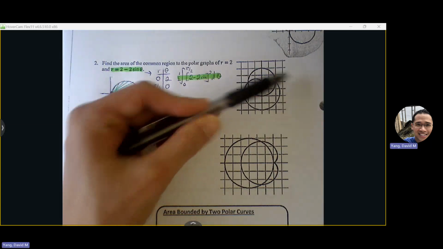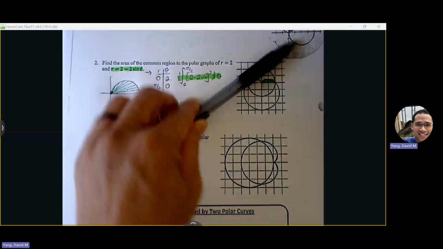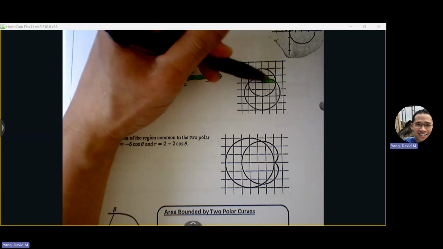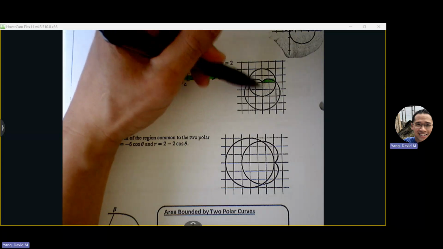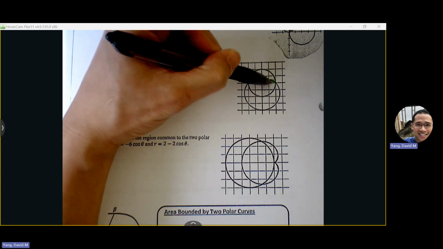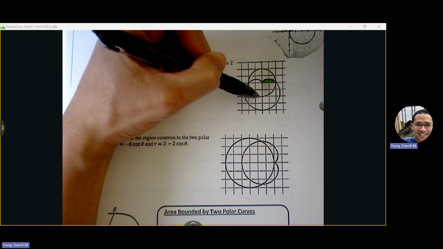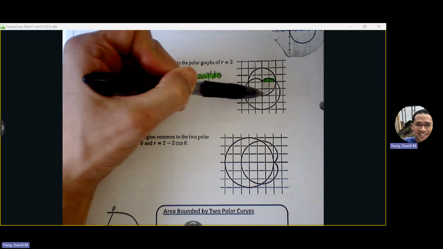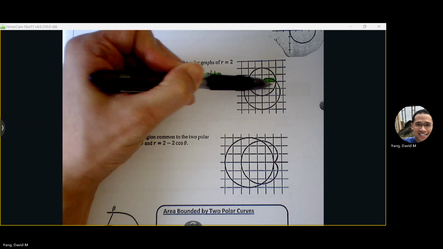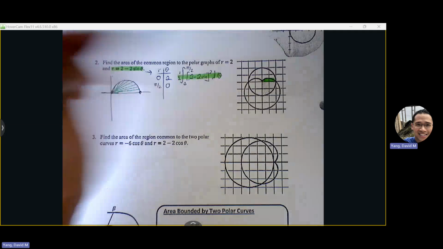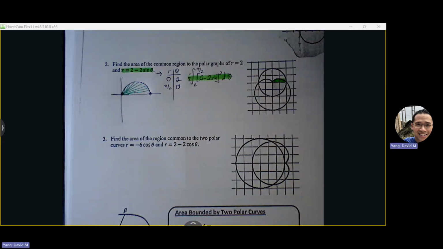Now, as we continue to go around the circle here, this region is not going to get touched by theta until we're in that 4th quadrant. So we can either go from 3 pi over 2 to 2 pi, or we can go from negative pi over 2 to 0. Either way, we want this region to be with the circle.